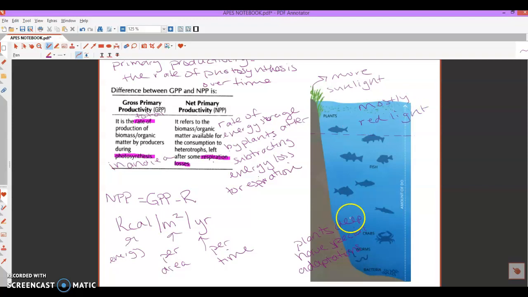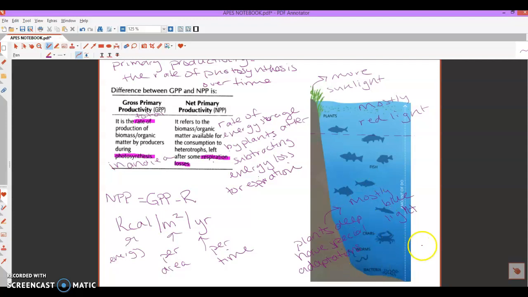The plants that are deeper, remember they have those special adaptations. Blue light can penetrate deeper, and so these plants absorb mostly the blue light. Okay? So hopefully this makes sense in how aquatic ecosystems have photosynthesis happening.